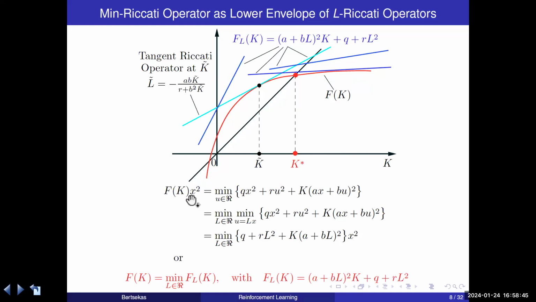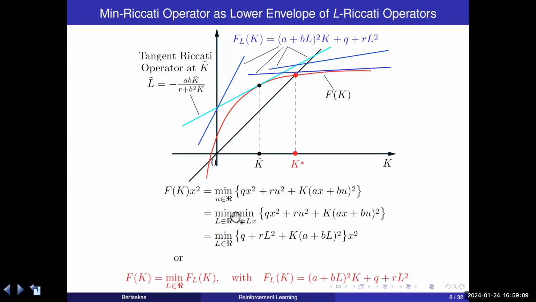Let's look at the right-hand side of Bellman's equation and the min-Riccati operator. It involves this minimization with respect to u for a given value of k. Now let's do the following trick.